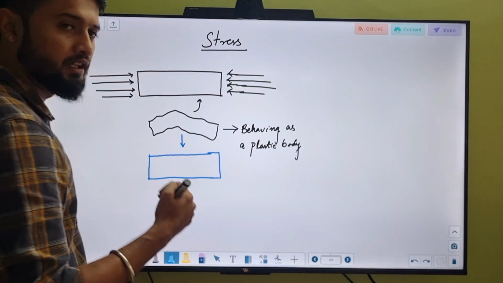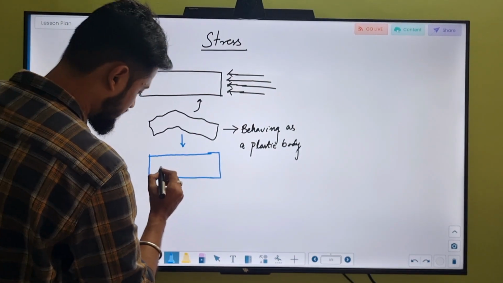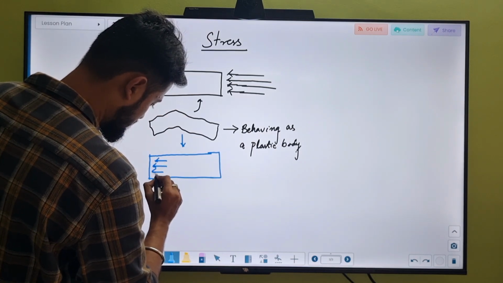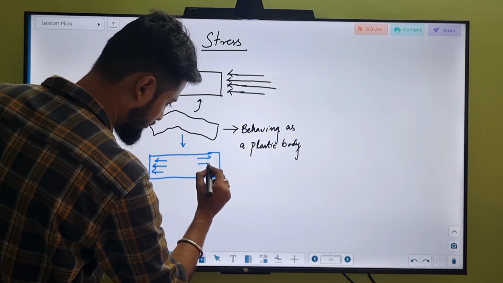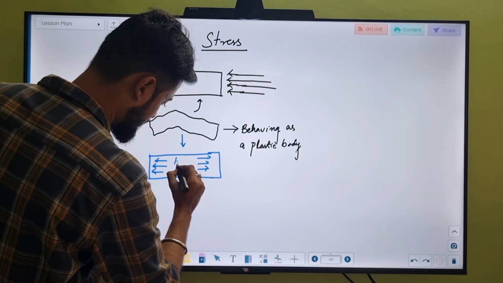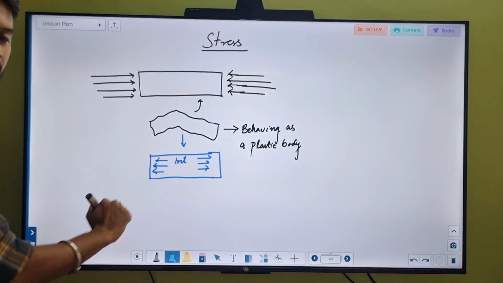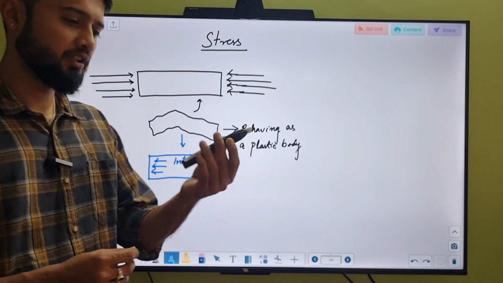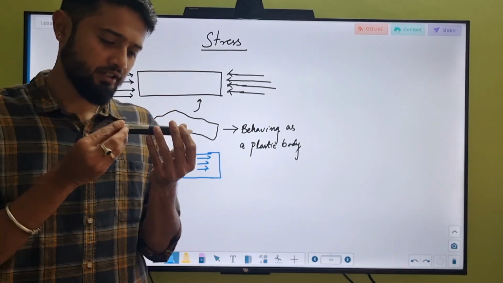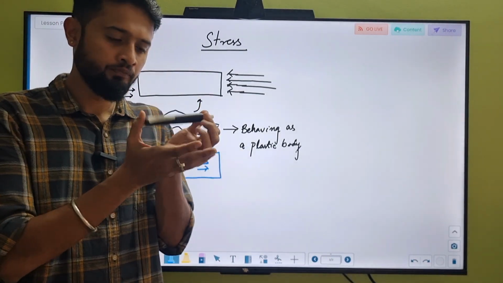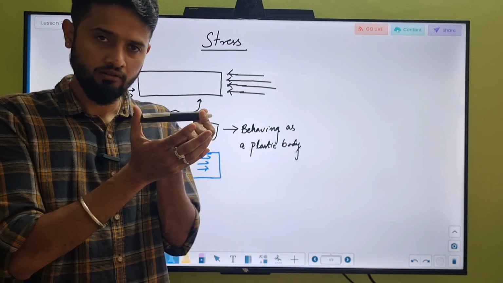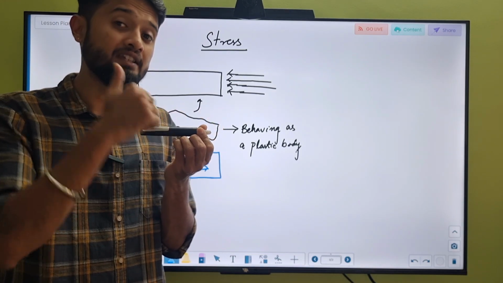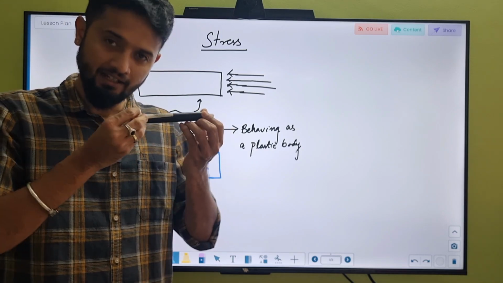Why is that? That is because of the internal force which is acting within it. Okay, so if I take for example this pen and if I start to push it, it is not breaking. Yes, because why? Because the internal force is greater than the external force.